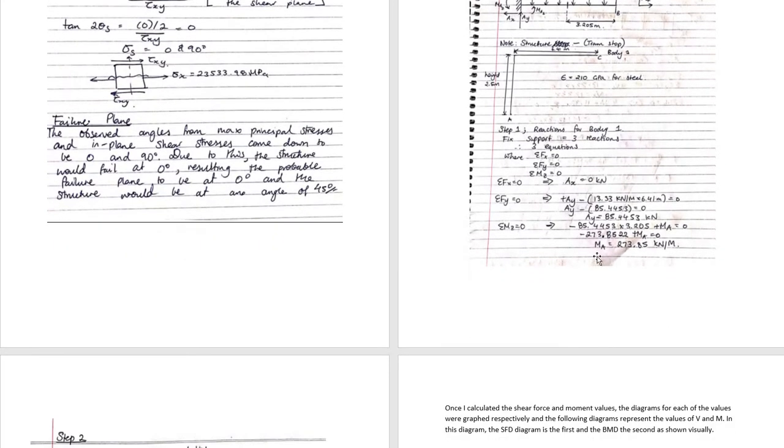Finally, I found the moment to be 273.85. Similarly, in the second case, I applied the equilibrium equations, and I found the moment to be minus 13.33 x squared over 2.